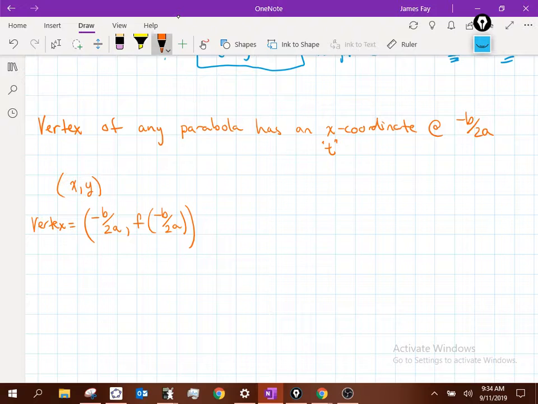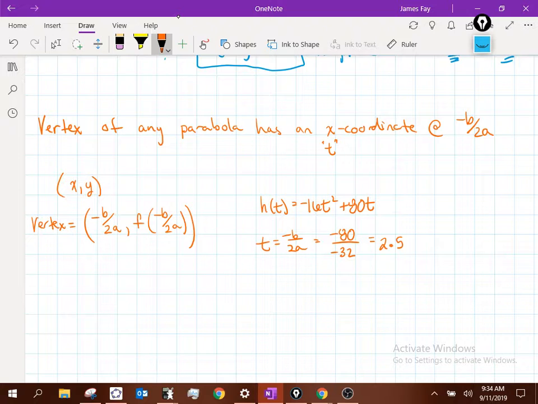Okay? So, for us, we had h of t is equal to negative 16t squared plus 80t, right? If I do the opposite of b over 2a, the opposite of b would be negative 80. 2a would be negative 32, right? If I divide that out, it gives me 2.5.